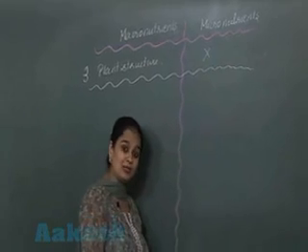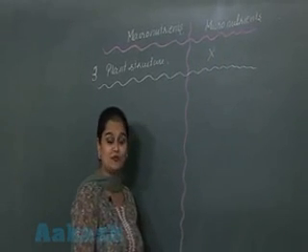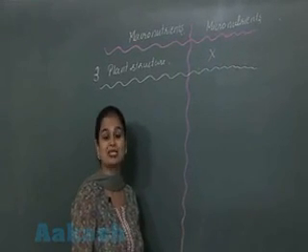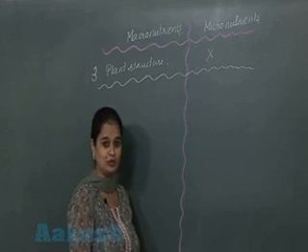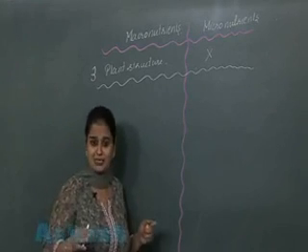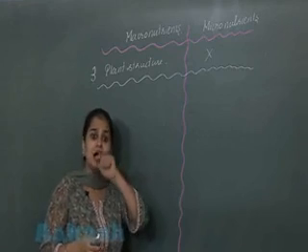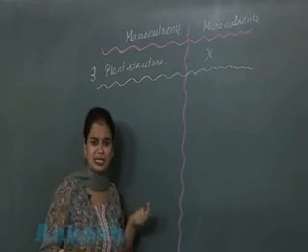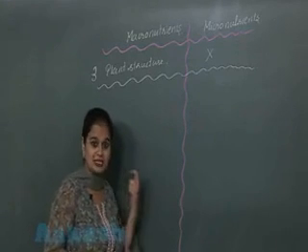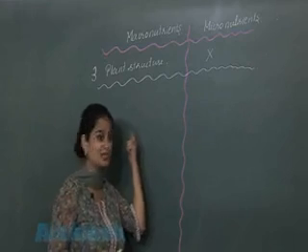Another one, the macro elements, they are involved in the formation of protoplasmic structure and molecules. जो प्रोटोप्लास्ट के अंदर स्ट्रक्चर्स प्रेजेंट है, मॉलिक्यूल्स प्रेजेंट है, जैसे कार्बोहाइड्रेट, प्रोटीन, फैट्स, इन सारे स्ट्रक्चर के अंदर मैक्रो एलिमेंट्स प्रेजेंट है.